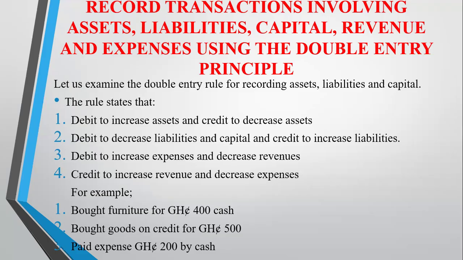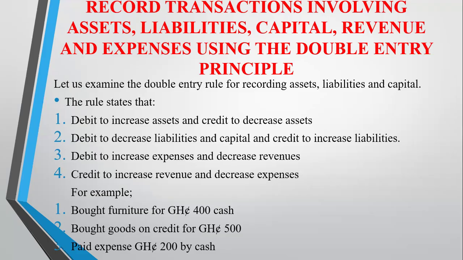So if we open a return inwards account, we are going to debit our return inwards account. You get it? So let me use the sales account. If we make sales to a customer, we are going to credit our sales account for the sales that we made. Do you get it?